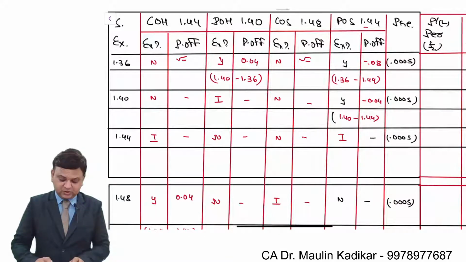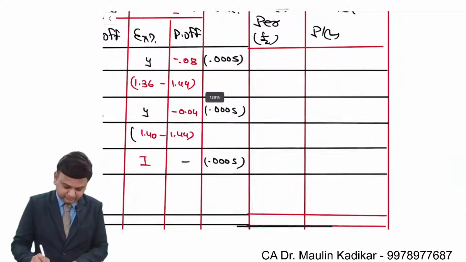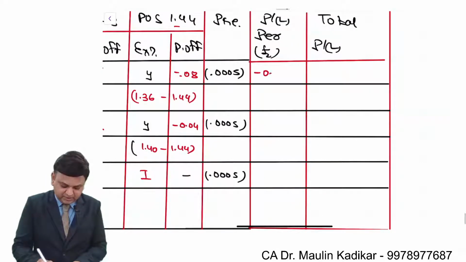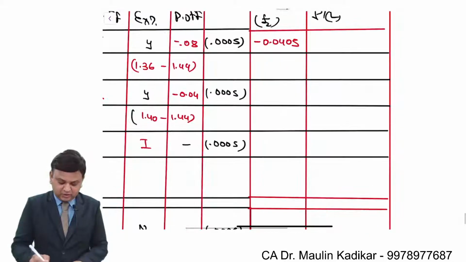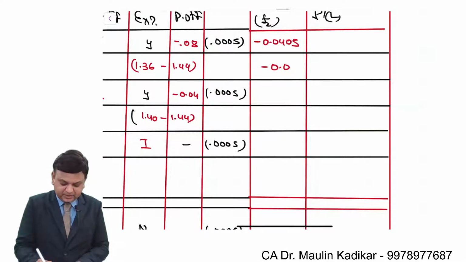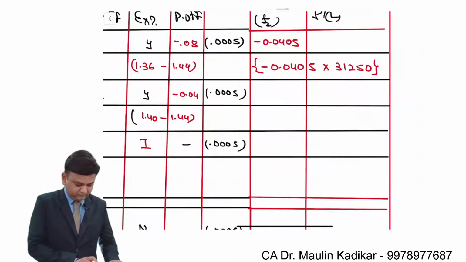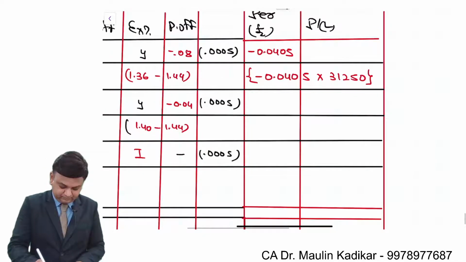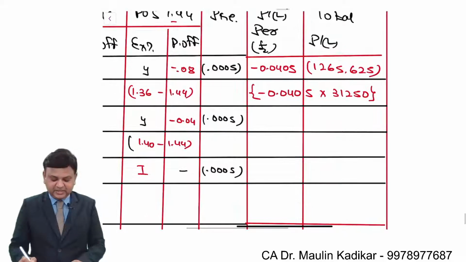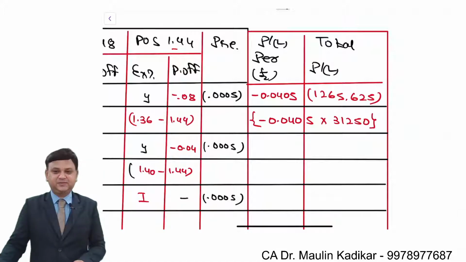So negative 0.0405. Now the overall profit or loss negative 0.0405 into 31250, that is the lot size. So it is 1265.625. That is the amount of the loss in the first case.